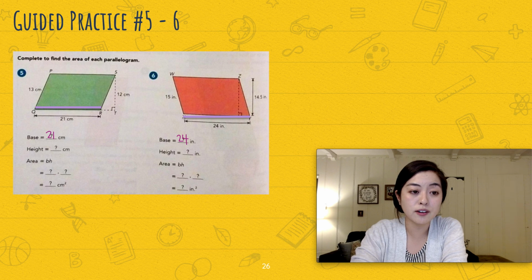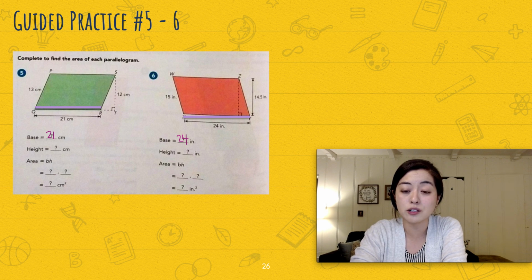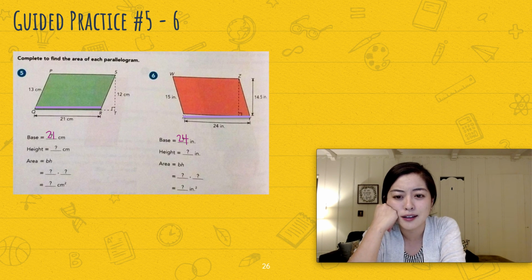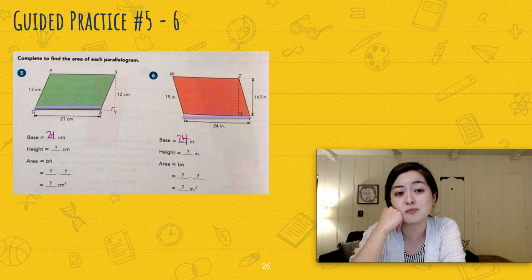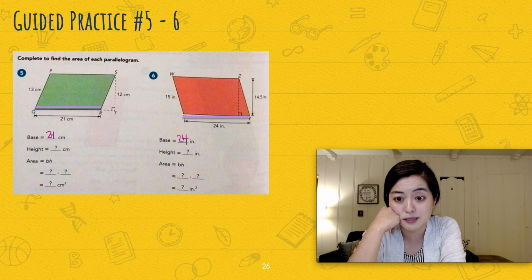So for number 5, the base is 21 centimeters, and for number 6, the base is 24 centimeters. Now, maybe the tricky part is, which one is the height? They are giving us 2 different pieces of information that could be the height for number 5, and 2 different pieces of information that could be the height for number 6.